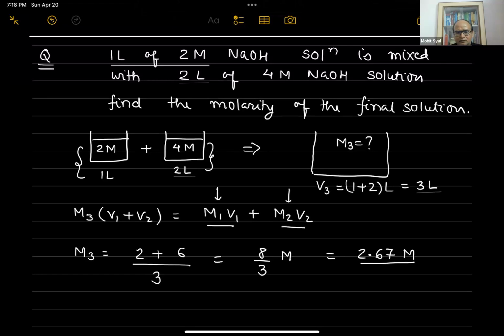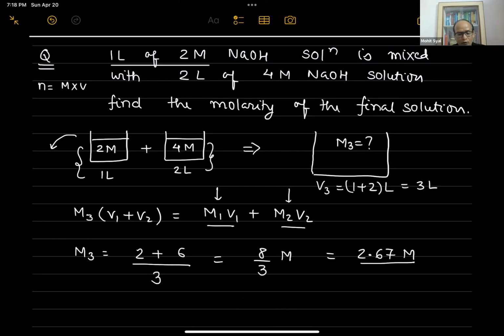So can we also find the moles of each solution? Like in the first solution it is 2 into 1, 2 moles. Yes, exactly. Moles of NaOH. If you try to do it in a more basic way, how can you get moles? You can get it by molarity into volume, because molarity is moles by volume, so cross multiplying molarity into volume, you get the moles.